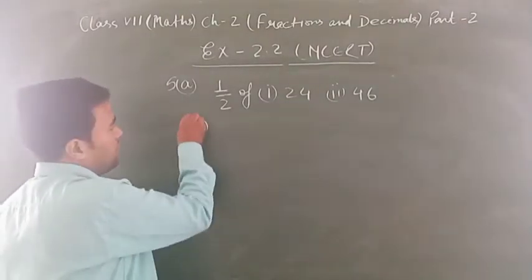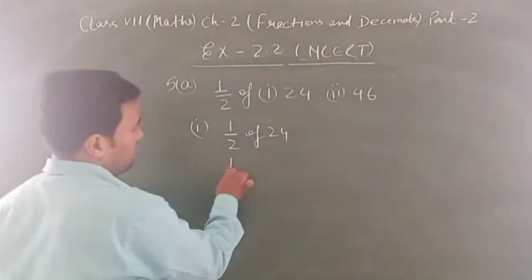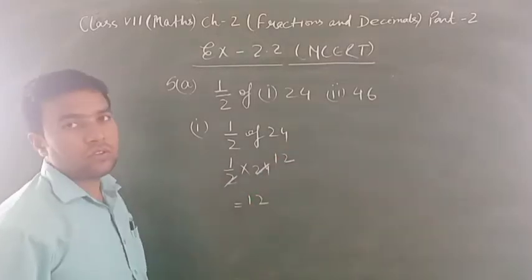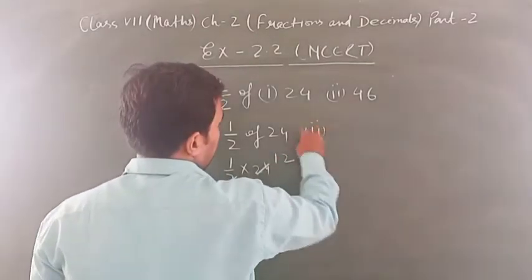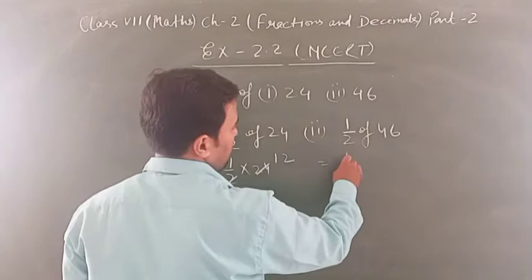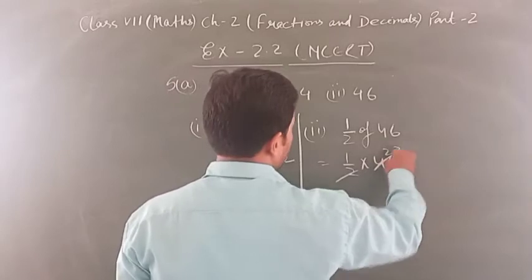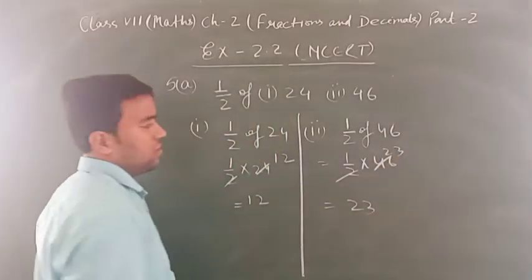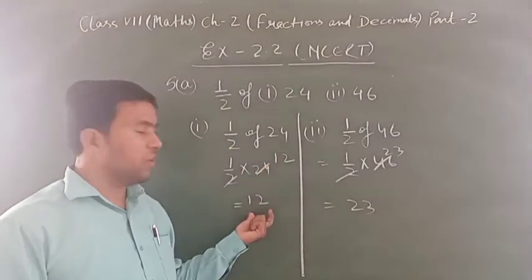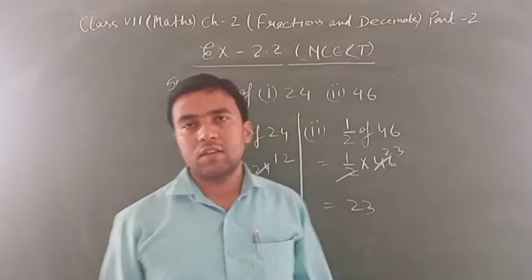The first, 1/2 of 24, means 1/2 into 24. 12, 12, 1 twelve. Answer. Second one, 1/2 of 46. 1/2 into 46, 2 twenty-threes are 46, so 23. When you do 1/2 of 24, you will get 12. When you do 1/2 of 46, you will get 23. Clear?